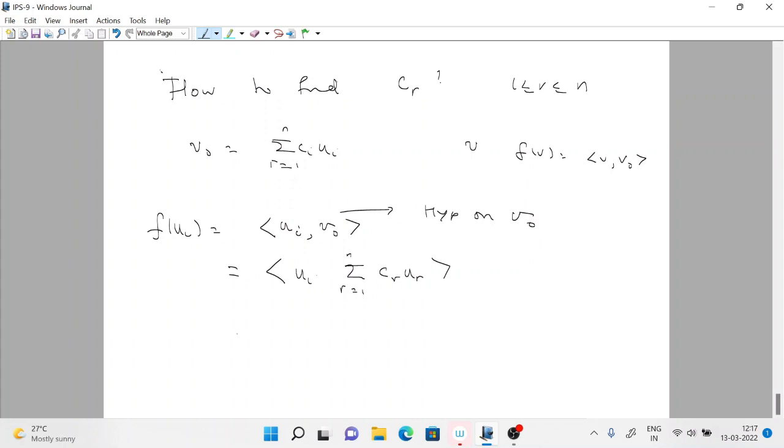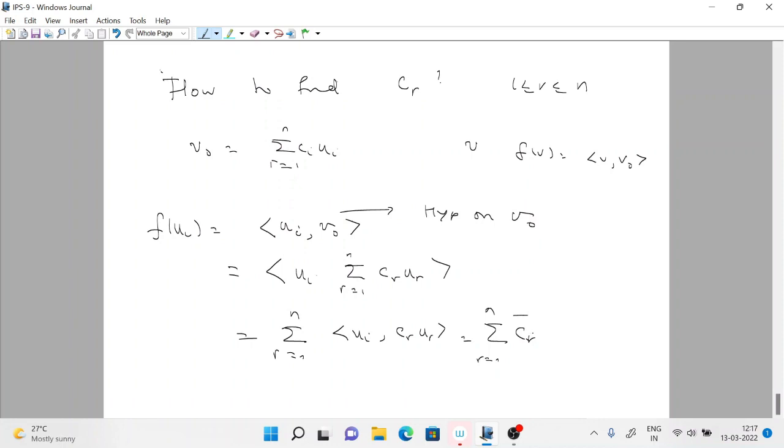Now all of you are good, this summation will come out. Therefore, it is Ui with Cr Ur, r equal to 1 to n. But that is equal to summation r equal to 1 to n, and this Cr is in the second factor, therefore it will come as Cr bar. Remember again, if it is a real inner product space, Cr will be real, therefore Cr bar will be same as Cr.